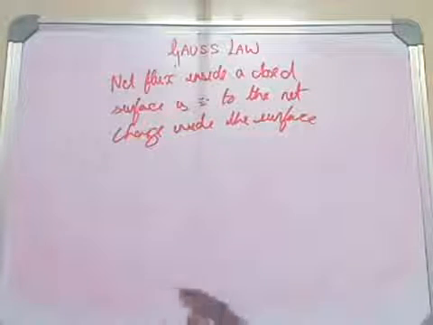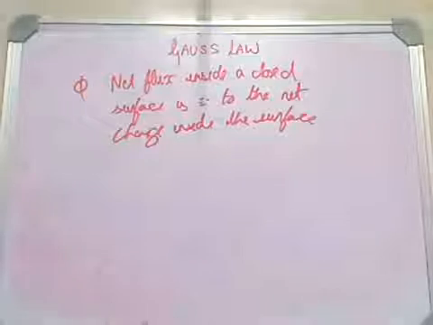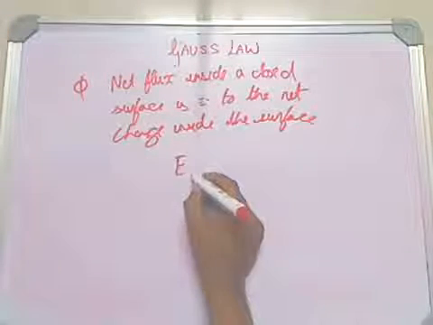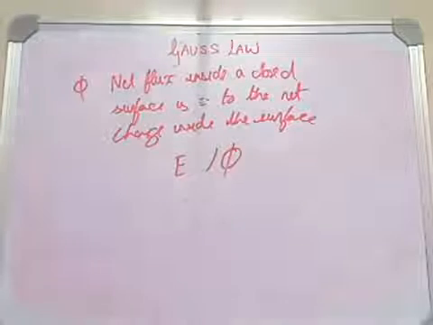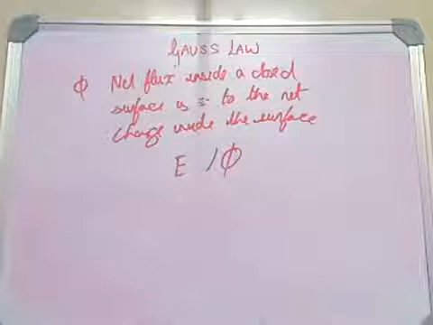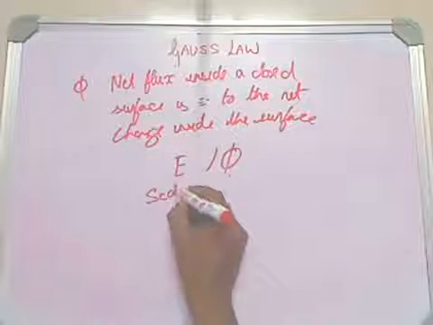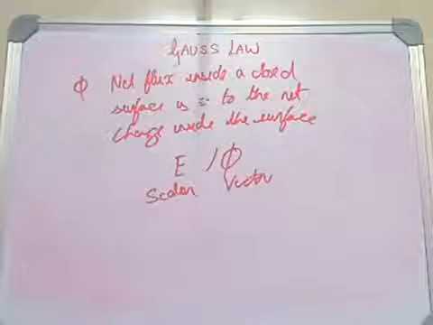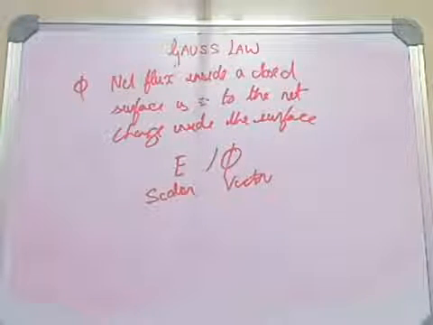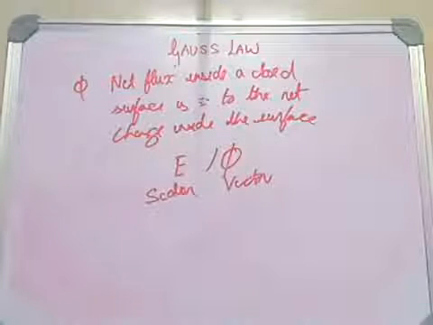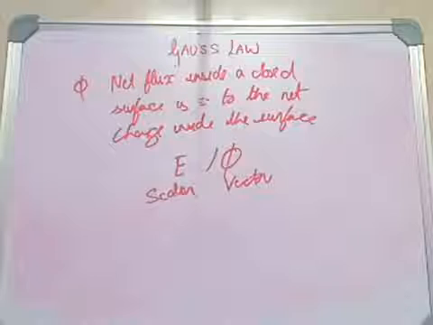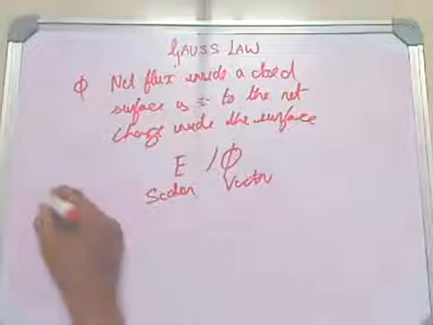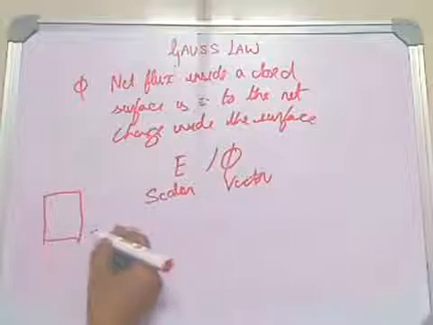Now, let's try and understand what flux actually is. There are two concepts here, electric field and electric flux. Now, electric field happens to be a scalar quantity. Flux, on the other hand, happens to be a vector quantity. What is the difference, you might ask, between a scalar quantity and a vector quantity? In order to understand the difference, just look at it like this. An electric field is something which is static.